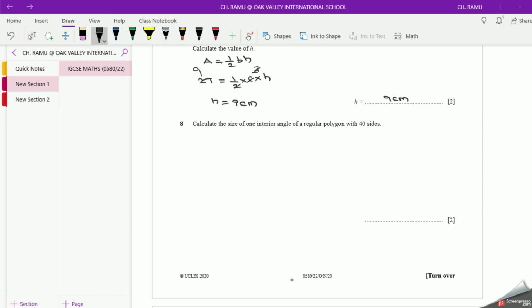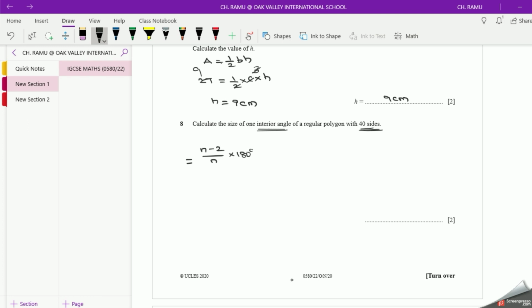Now we will go for the next question. Question number 8. Calculate the size of an interior angle of a regular polygon with 40 sides. To find the interior angle, we have a direct formula: n minus 2 by n into 180 degrees.